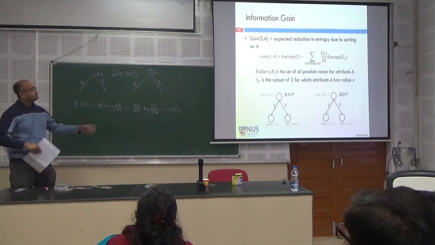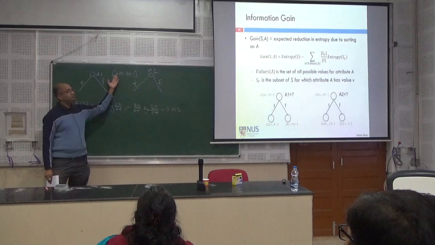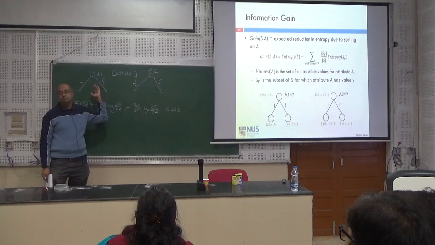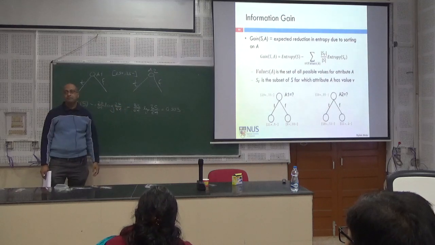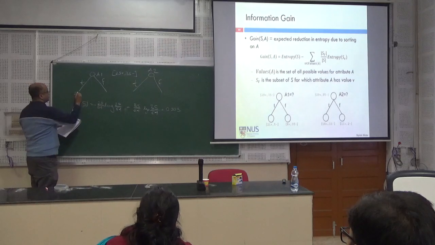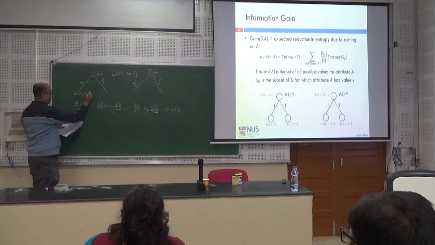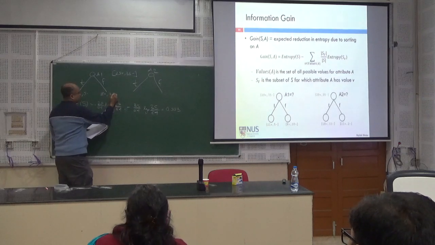And you see that the entropy is quite high. You can see that it's not 50-50, it's not 32-32, but it's close enough. And so the entropy is high enough. And now I will see, okay, if I go here, then I get 21 positive and 5 negative, and 8 positive and 30 negative.